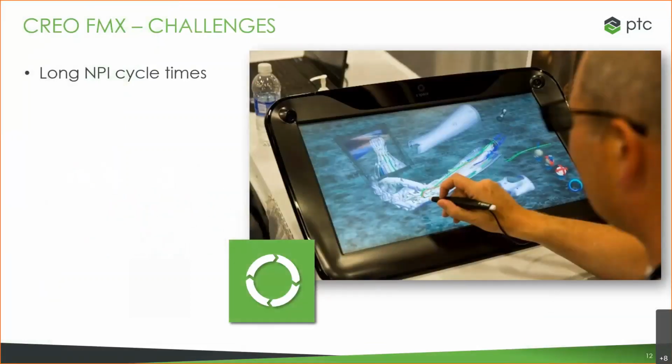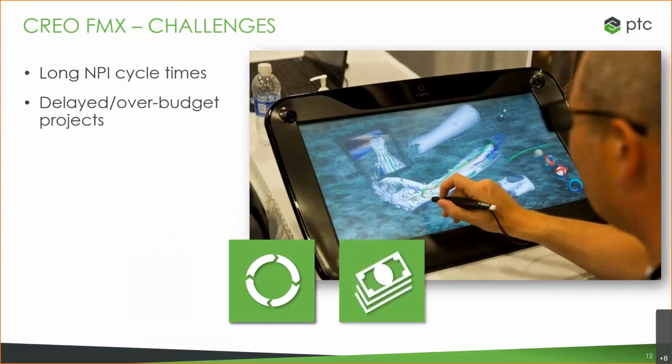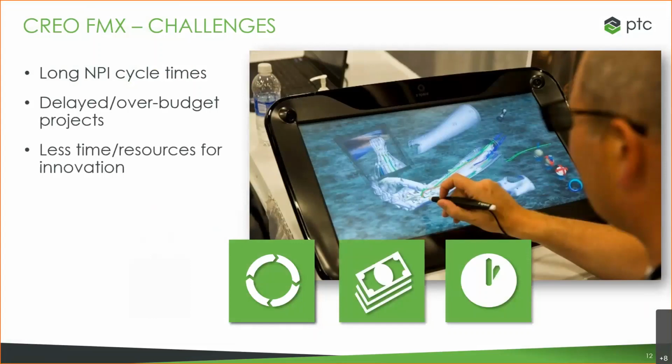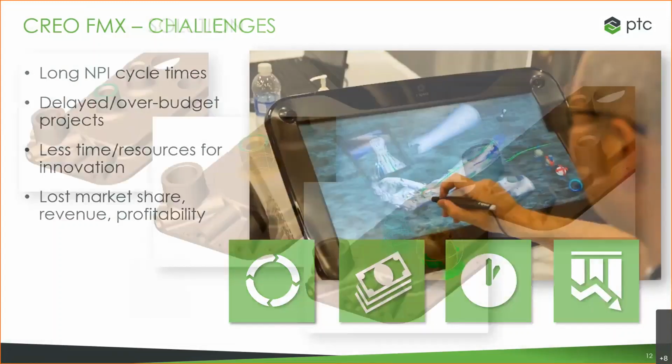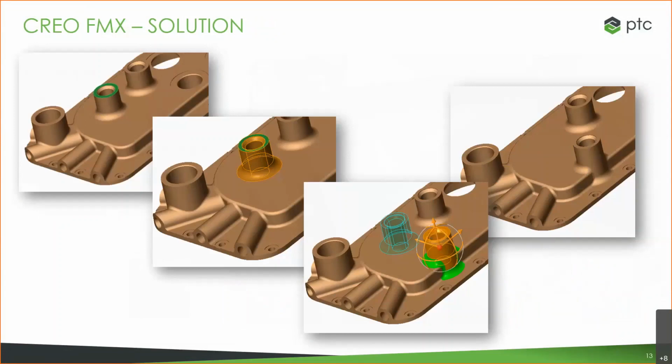And the challenges that PTC wanted to address here all come down to efficiency: delayed, over-budget projects, less time and resources for innovation. We have lost market share, revenue, and profitability if you have efficiency problems, and working between CAD platforms can be a very inefficient part of your process. So flexible modeling is a really great way to solve some of those challenges.